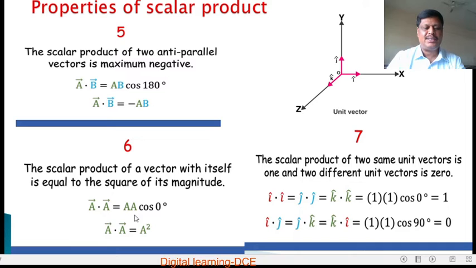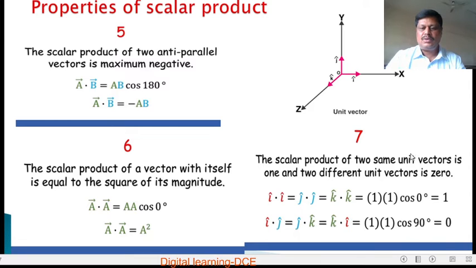Then A dot A is equal to AB cos theta. Instead of B, we can write A. So A into A, since they are acting along the same direction, theta is 0, cos 0 is 1, A into A, that is A square. That means the scalar product of a vector with itself is equal to the square of its magnitude, that is A square.